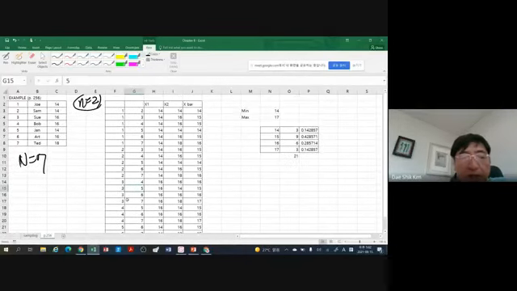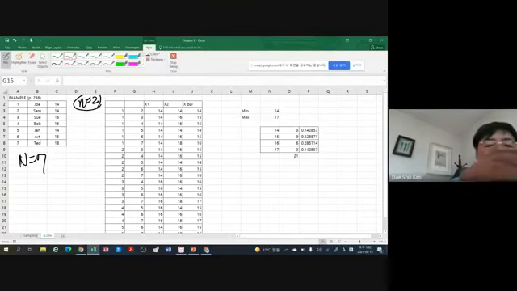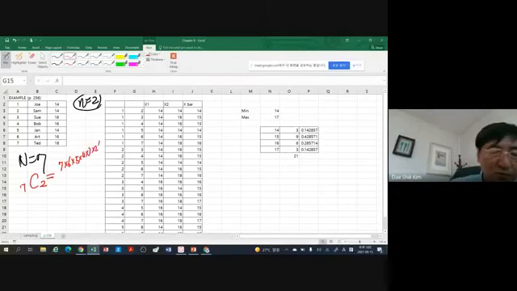So how many different combinations are there? Out of 7 people, I will choose 2. That is 7 factorial divided by 2 factorial times 7 minus 2, which is 5 factorial.